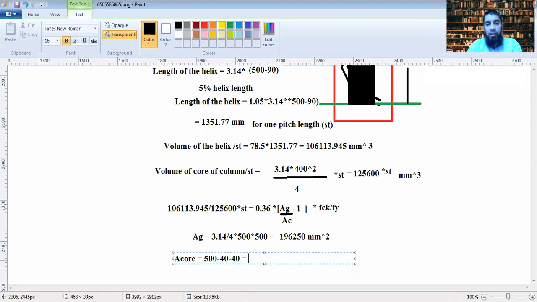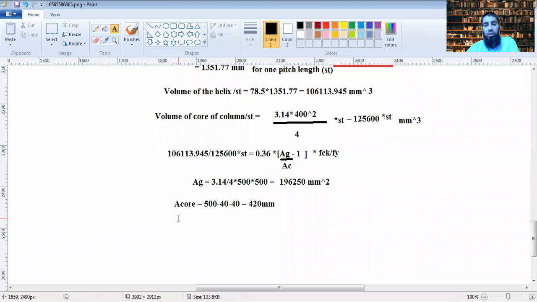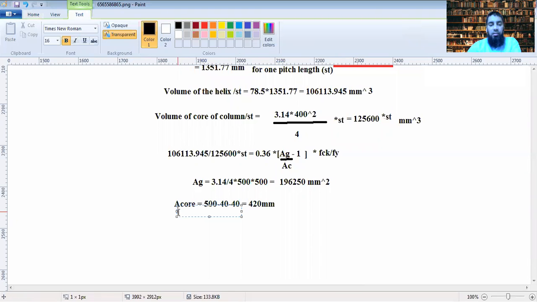Don't confuse: the actual diameter of the core is within the helix, but here you have to measure it to the outside diameter of the helix. So this comes out to be 420 mm. Area of core or Ac.